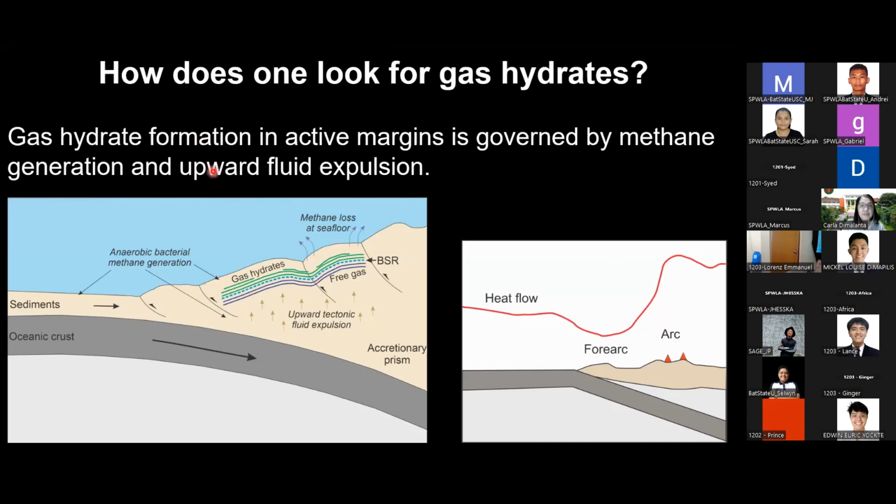And this is one of the favorable sites for gas hydrate formation because you have methane generation in this region and you have the upward expulsion of fluids. So these are the conditions that may be present within the deeper areas within your active margin settings.